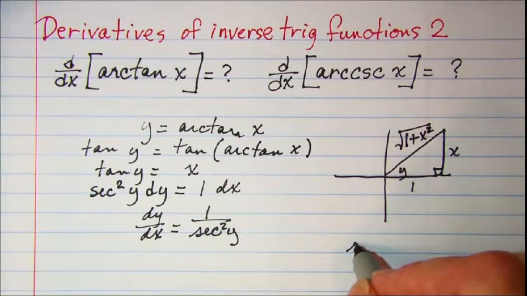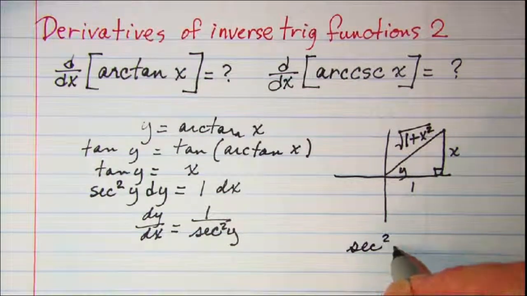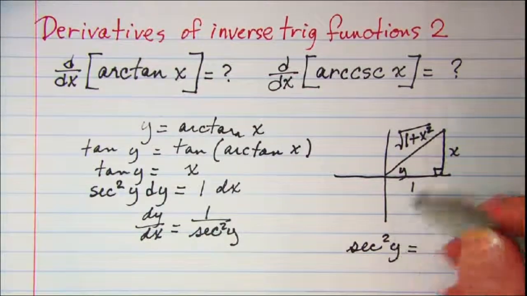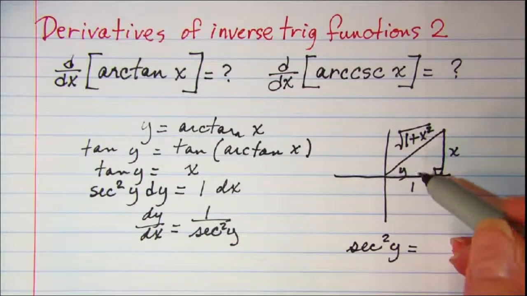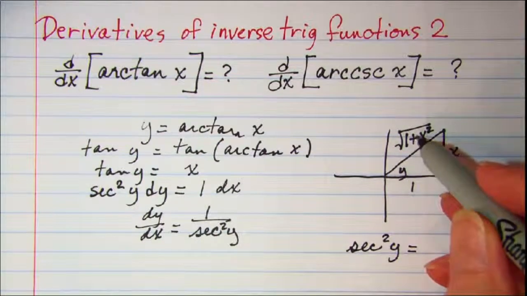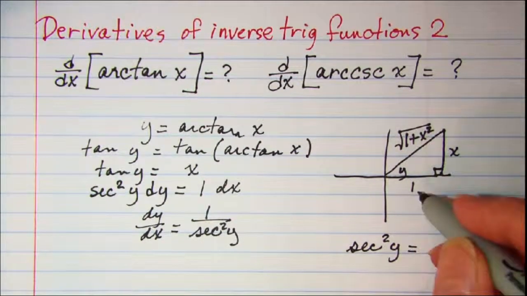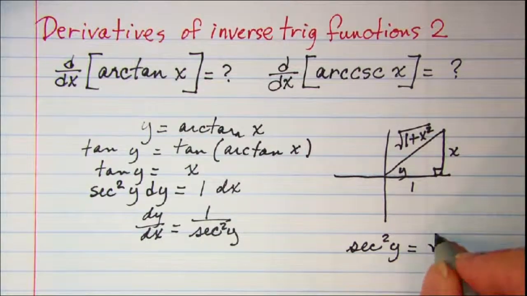So my secant squared y, secant is reciprocal of cosine, so the cosine is 1 over this radical, so my secant will be this square root over 1. So this is 1 plus x squared, quantity squared.